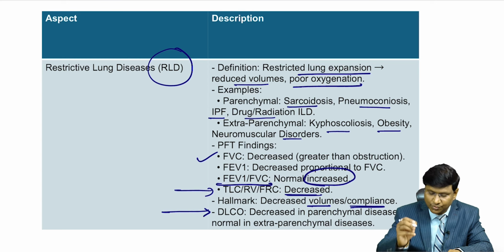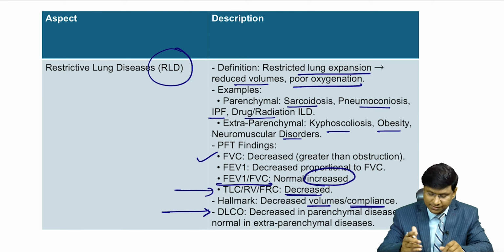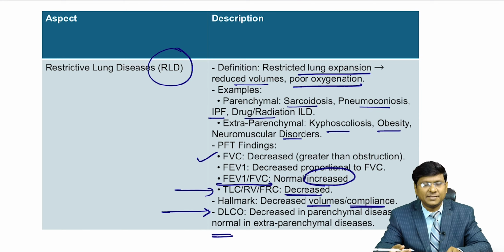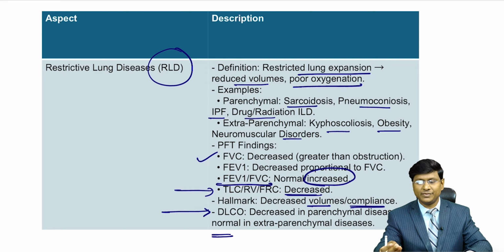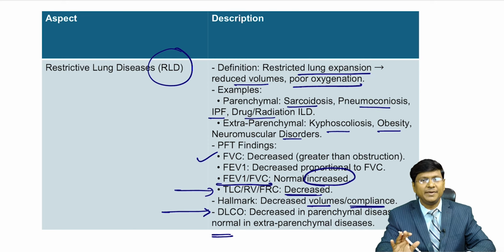The DLCO is decreased in parenchymal disease, whereas it is normal in extra parenchymal disease. So in kyphoscoliosis, obesity, and neuromuscular disorders, the DLCO will remain normal, whereas in sarcoidosis, idiopathic pulmonary fibrosis, and interstitial lung disease, the DLCO will be reduced.